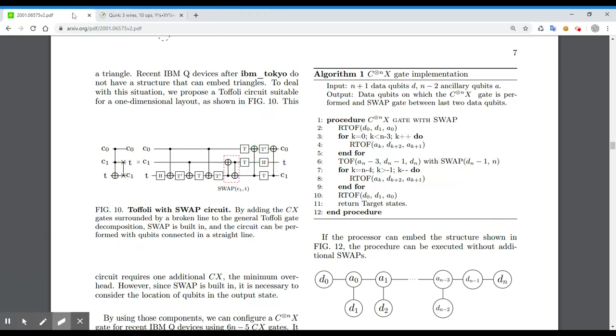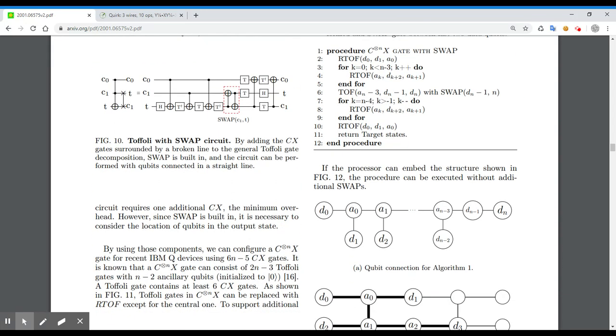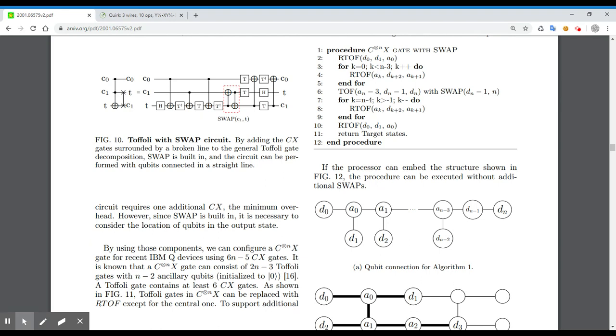Okay, so let's close this. So I understand why this is needed. Now, the circuit requires one additional control. So okay, you're adding one more. You're adding more control NOT gates though.